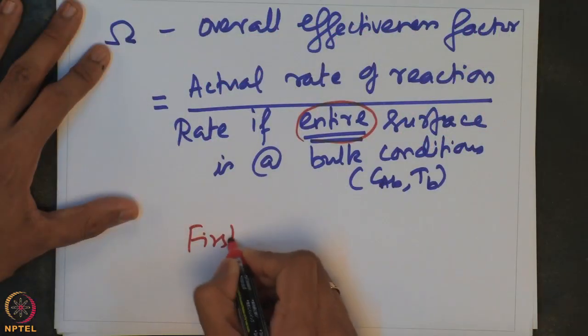So, the definition of overall effectiveness factor is essentially based on the observable properties, which are the bulk concentration and the temperature of the bulk fluid stream, when the external resistance and the internal resistance for mass transport are comparable. Let us see how to find this for a first order reaction.